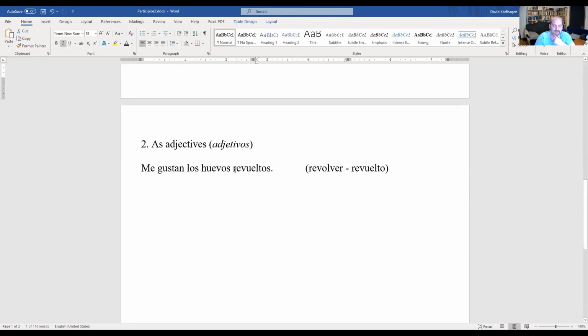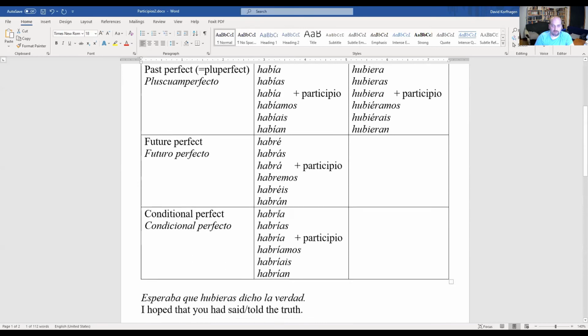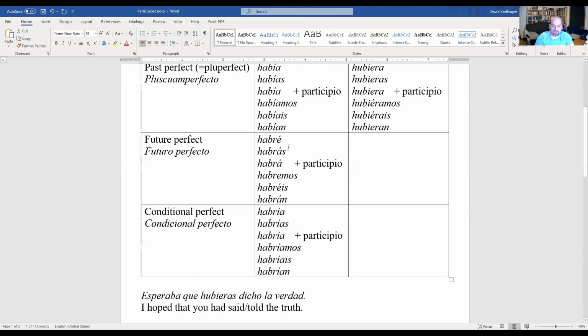It's actually an adjective that's describing that noun. So when it's acting as an adjective, then it has to agree with the noun, right? This is masculine plural, and so we make this masculine plural. Whereas up here, it's always going to be dicho: he dicho, has dicho, ha dicho, hemos dicho, etc. It doesn't matter who's saying it or what they're talking about.